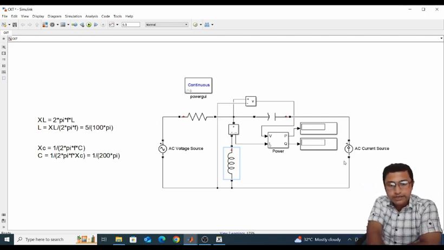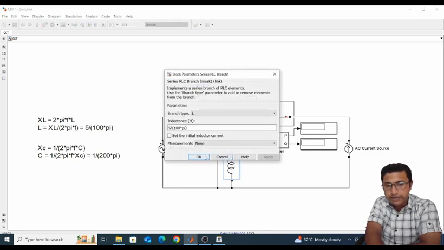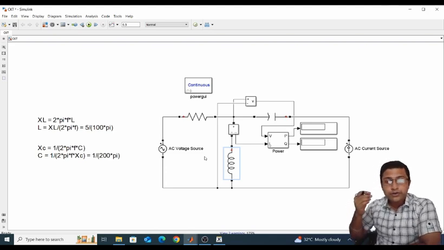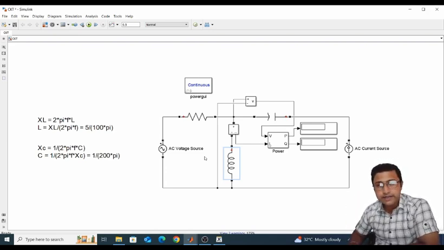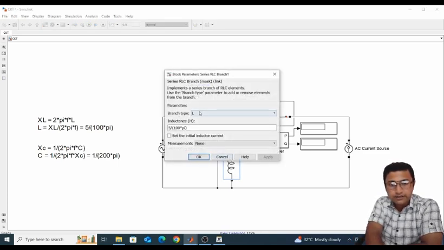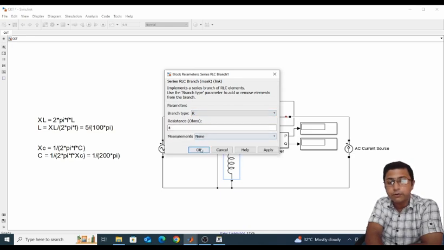Now here is the load impedance, that is J5 ohm. To get the maximum power, we will substitute the value of ZTH in place of ZL. ZTH is 4 ohm, so we can replace ZL simply by ZTH, equal to 4 ohm.